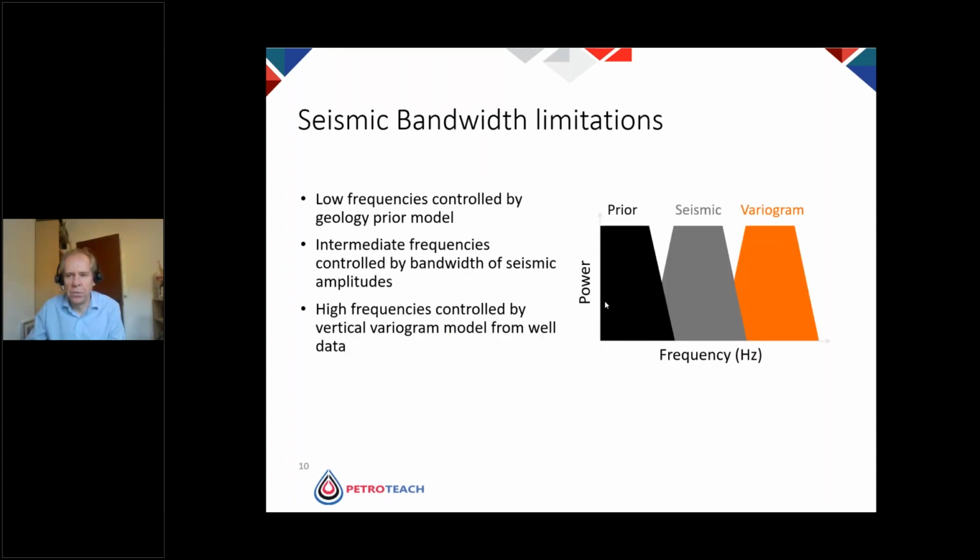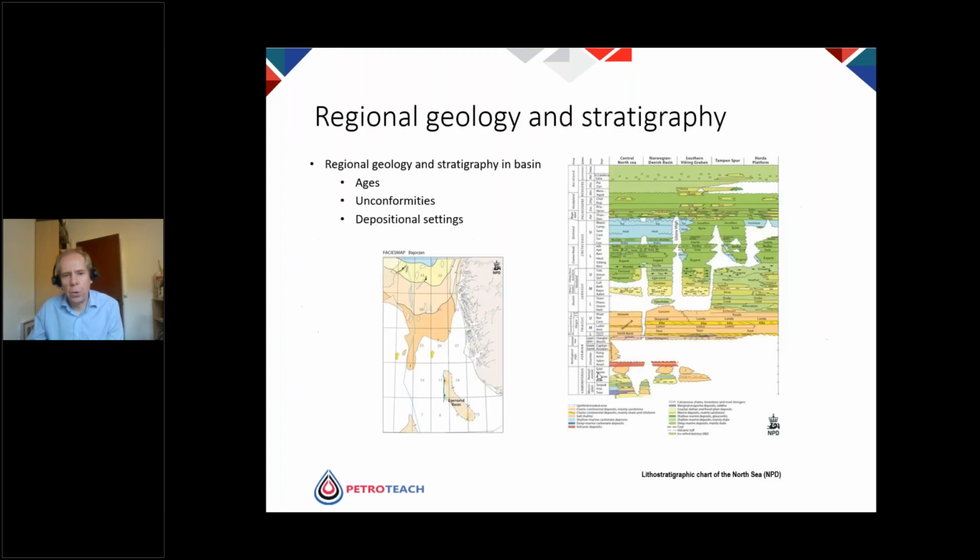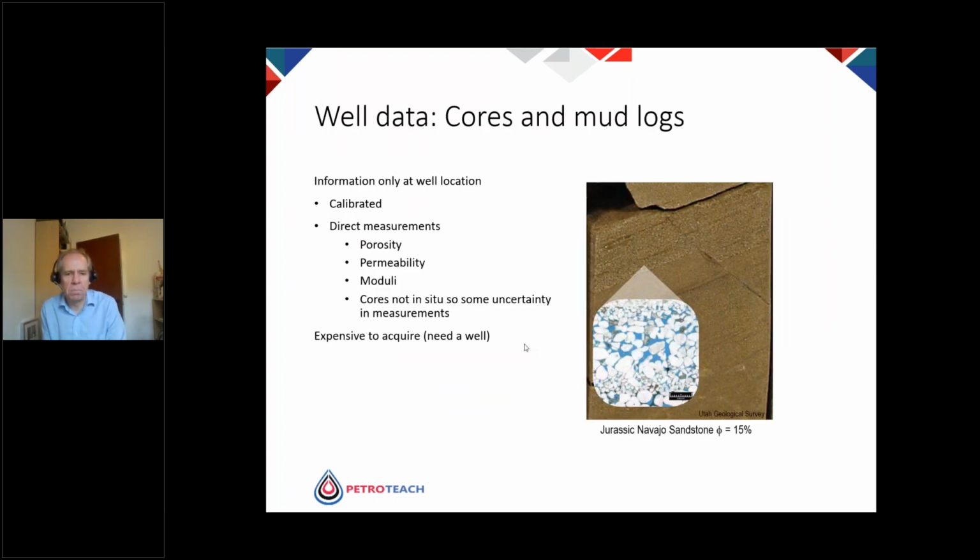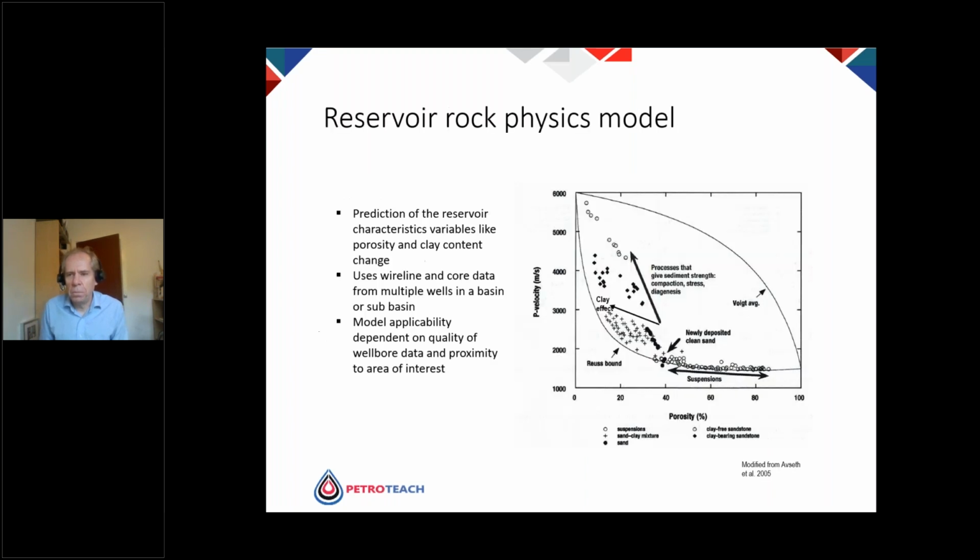I might have core data, which is going to tell me about porosity and things like that. But I'm probably going to have more wireline data than core data. What I'm going to hopefully be able to do is have enough well data, or be able to find information in the literature that tells me about the reservoir properties.